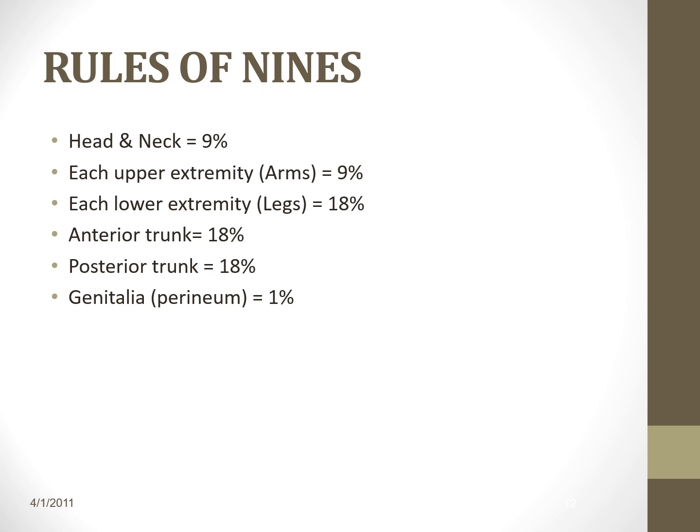Rule of nines. Head and neck: we assign 9%, or 9 points, to the head and neck region, and the upper extremities, or the arms, 9%, and 18 points for the legs, 18 points for the anterior trunk, and 18 points, or 18%, for the posterior trunk, and for the genitalia we assign only 1%.